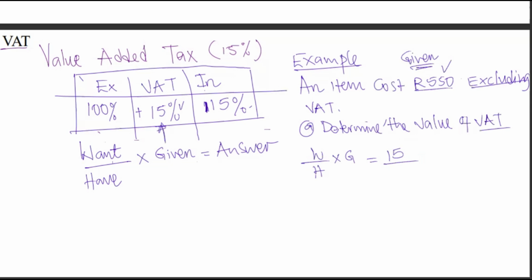That's what I want. What do I have? I have the value which is excluding. So I have the 100. I'll bring the 100 times what is given to me. It's this number which is in the scenario. So I'll multiply that.